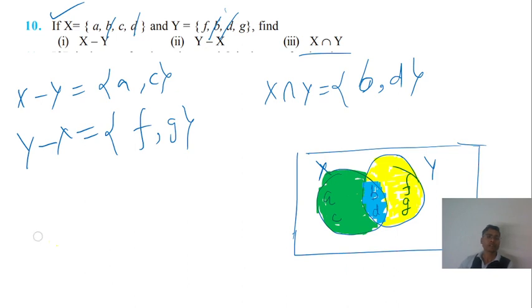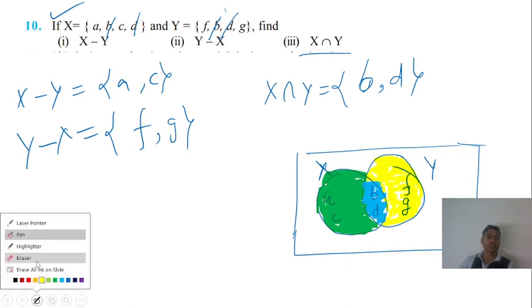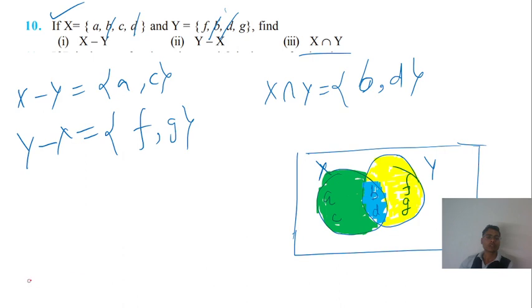So there are just three regions, and what are these three regions representing? This is representing Y difference X. This region is representing X difference Y, and this internal region is representing X intersection Y.